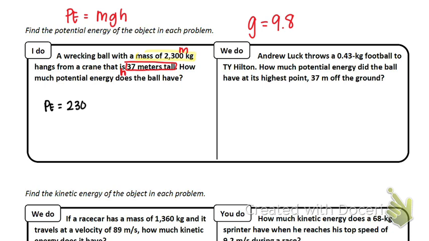All right, so potential energy: the mass was 2,300, times G, which is 9.8 every time, times 37 for our height. Plug that into your calculator. $833,980.